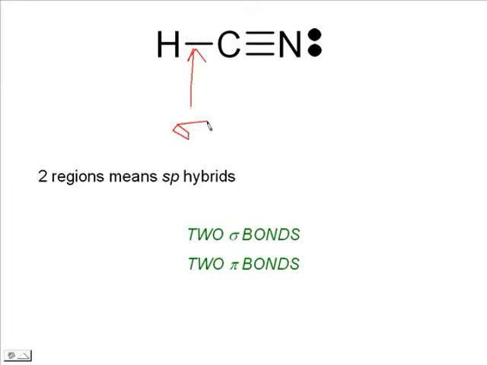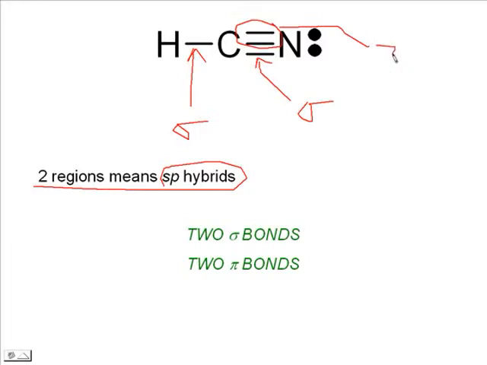For an HCN molecule, I've got a single bond between the carbon and the hydrogen, so that's going to be a sigma bond. Then I have a triple bond. That's going to be a sigma bond, which will take care of 2 electrons, because it will be the overlap between an sp hybrid from the carbon and an sp hybrid from the nitrogen. But then I've got the other 4 electrons that are being shared between the carbon and the nitrogen.